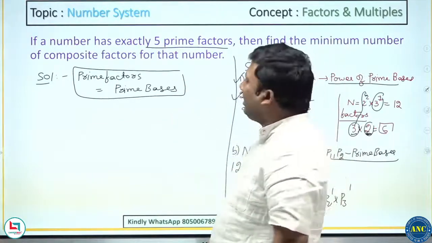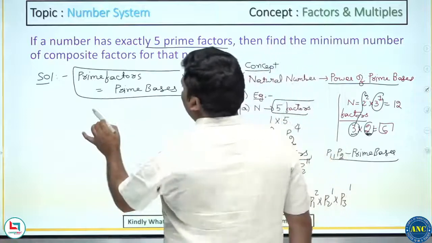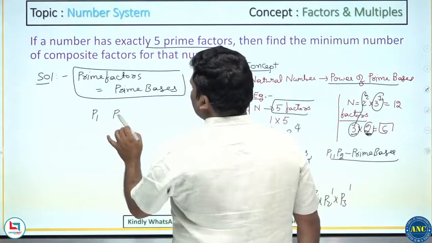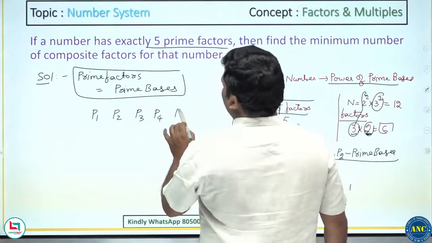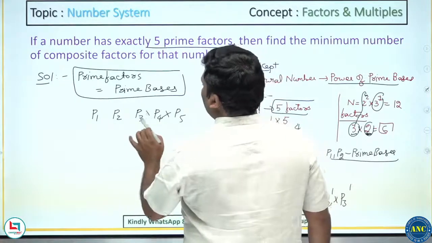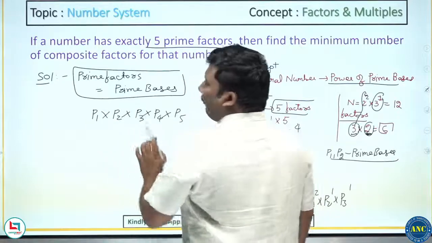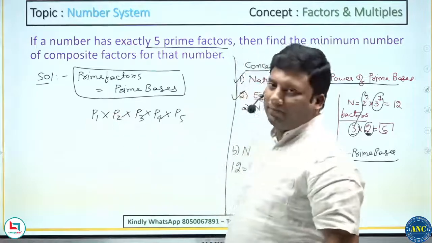This number has exactly 5 prime factors, that means 5 prime bases: P1, P2, P3, P4, P5.